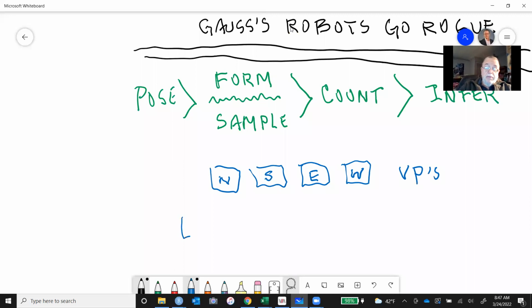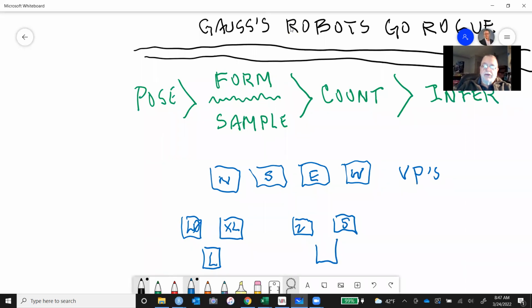We have 3 Lancaster products, I'll call that L0, XL, and L. It sounds like a car. And 3 Star products, a 2000 series, a 5000 series, and a 9000 series, each with their VPs.